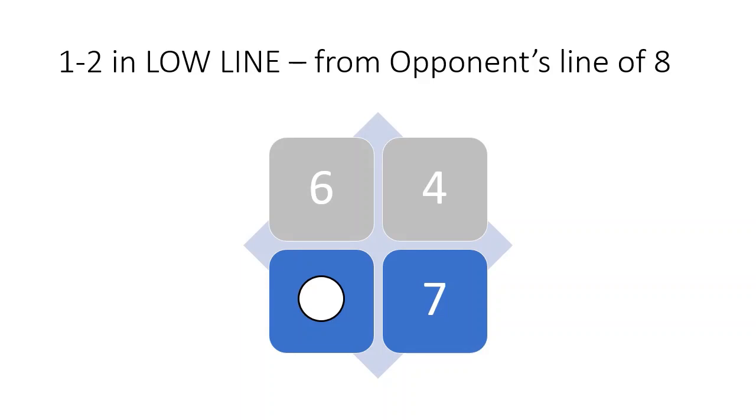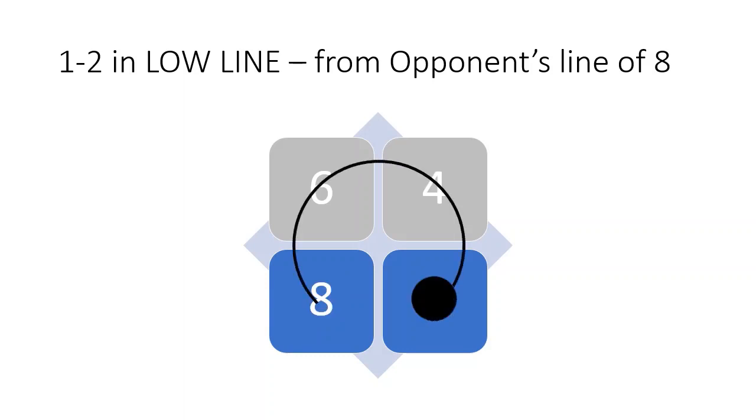The 1-2 in the low line from the opponent's line of 8 involves a disengage in which the point rises above the opponent's blade and drops back into the low line, followed by another disengage in the opposite direction, arriving in the line of 8.